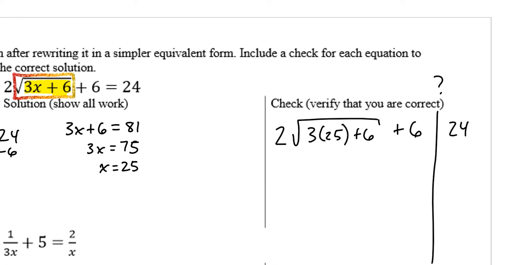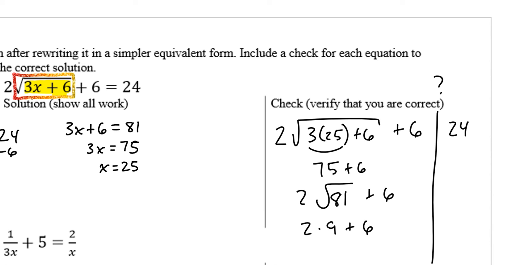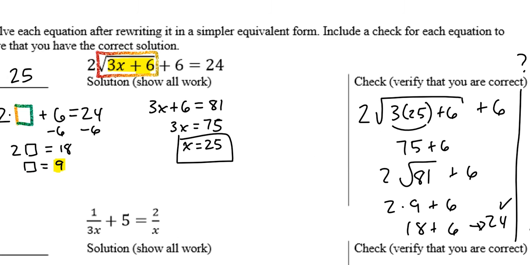This is 75, and 75 plus 6 is 81. So I have 2 times the square root of 81 plus 6, and you guessed it, 2 times 9 plus 6, which is 18 plus 6, and 18 plus 6 is indeed the number 24. So x is 25 produced 24 on both the left and right-hand side of this equation. So it is indeed the solution.